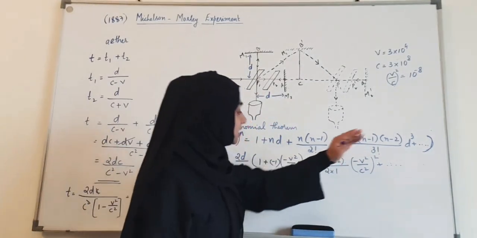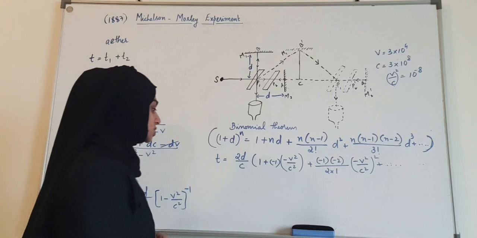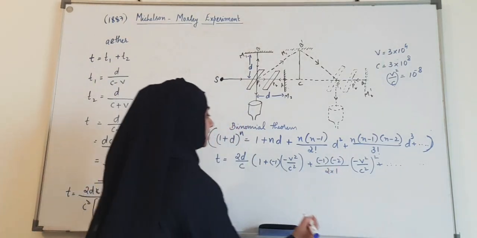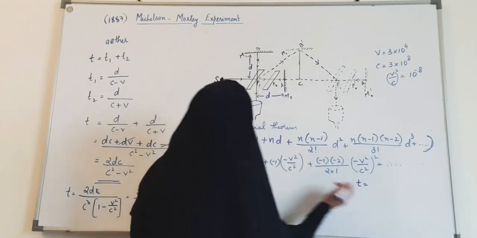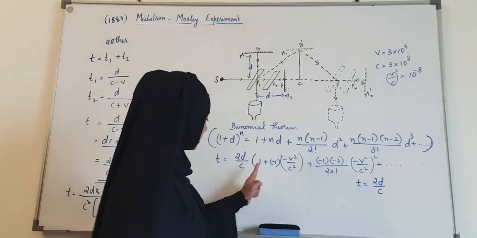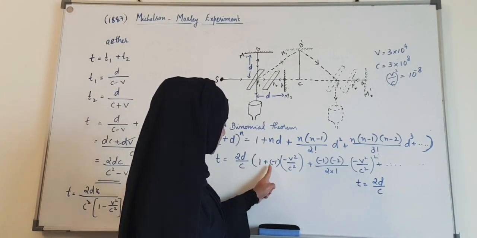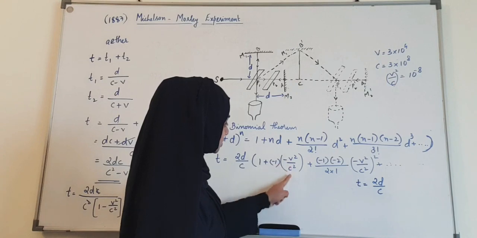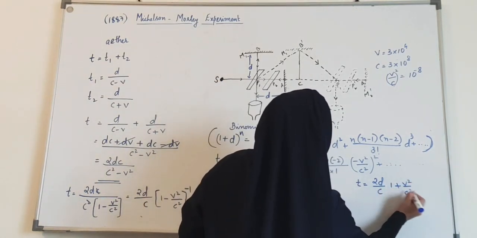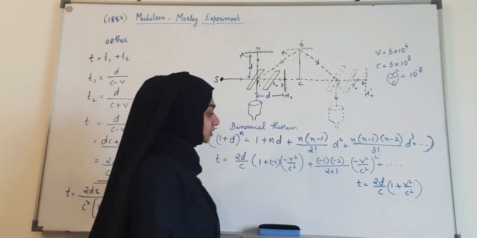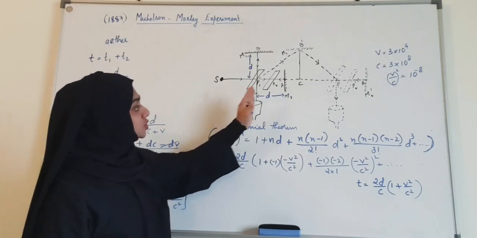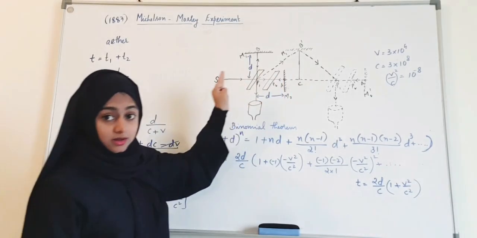So by neglecting the higher powers of v square by c square, the final expression for t becomes, let me write it here, t is equal to 2d by c times 1 plus minus 1 times minus v square by c square. So it is 1 plus v square by c square. So this is the expression for time taken for the light beam to go towards mirror M2 and come back.